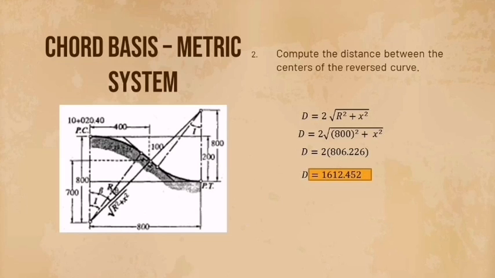So again, hindi po ulit mababago ang chord basis metric system number 2 natin kasi hindi po ulit involved ang degree, at radius lang po ang nandito, at hindi naman po nababago yung value ng radius natin, and mag-i-stay lang po ulit siya sa sagot ng distance is equals to 1,612.452.